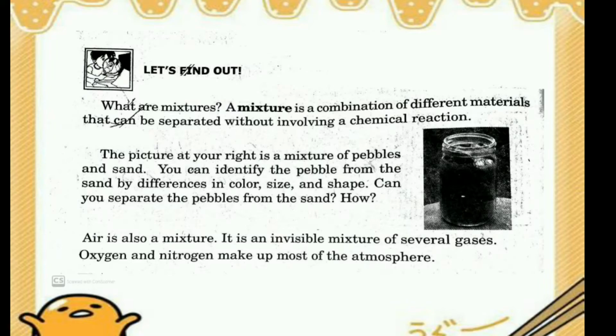So, oxygen and nitrogen make up the most of the atmosphere. Oxygen and nitrogen ay mostly nasa atmosphere natin. Kasi ang oxygen, need natin yan, and pati na rin yung nitrogen. And yung carbon dioxide, need naman yan ng plants.